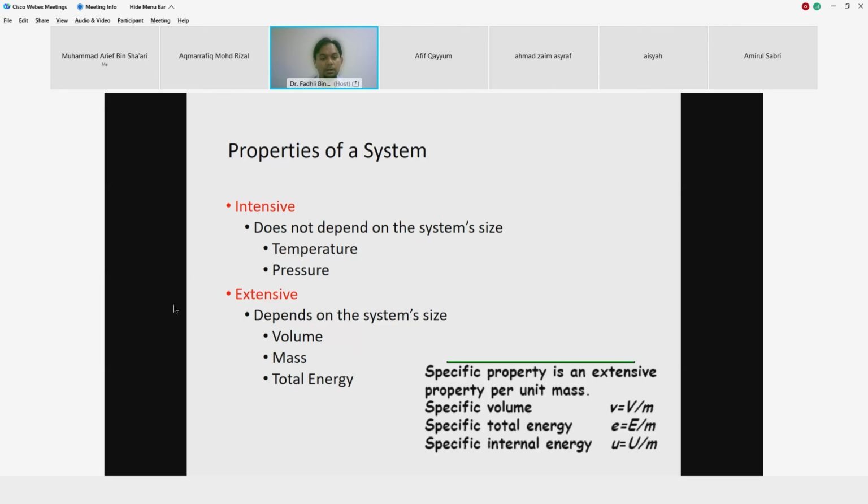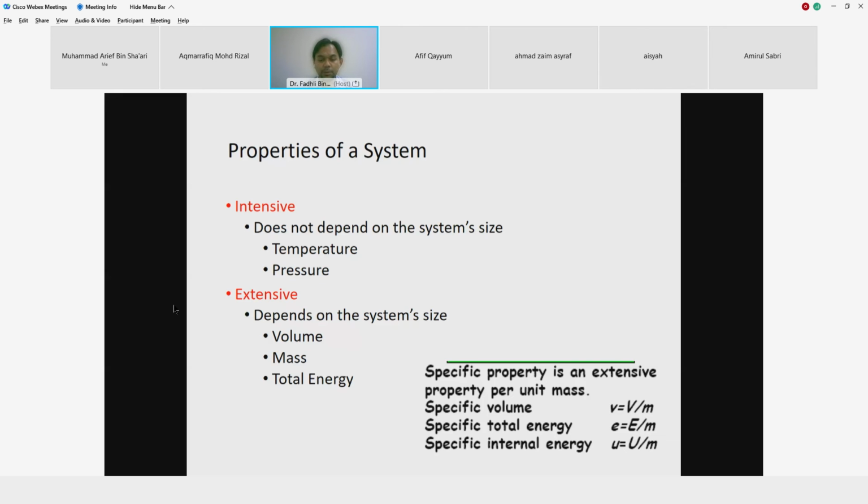Make our room bigger, the volume also increases, right? The mass also increases because the room is now bigger than before. Total energy also increases because we occupy our room more with devices. So volume, mass, and total energy are in the extensive category. They depend on the system size.